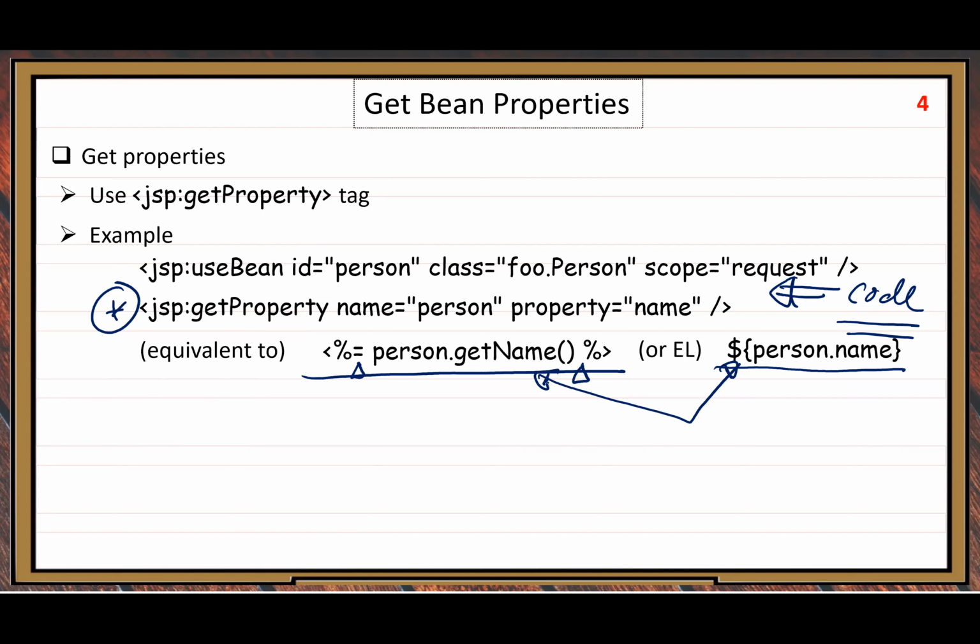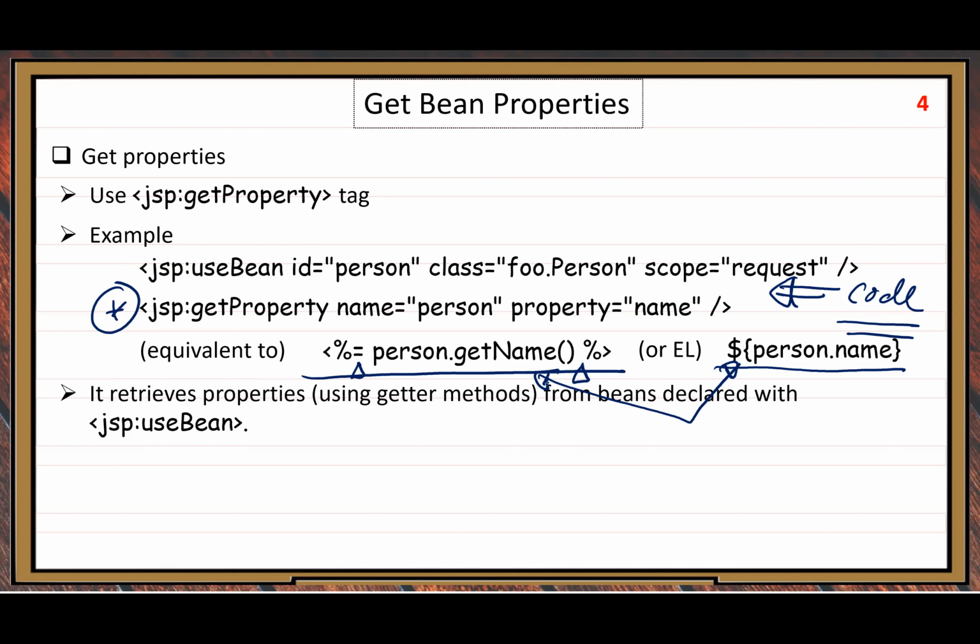More powerful means you write minimum code, but you can do a lot of things. Shortest possible expression, but you can do a lot of things. That's the EL.